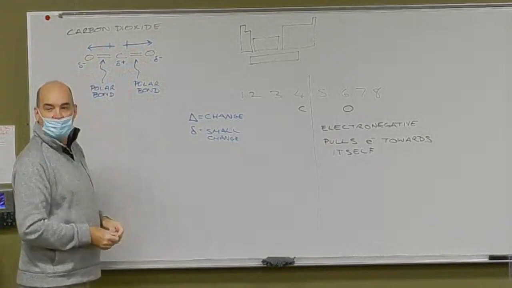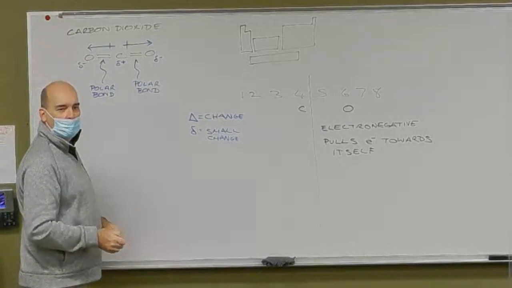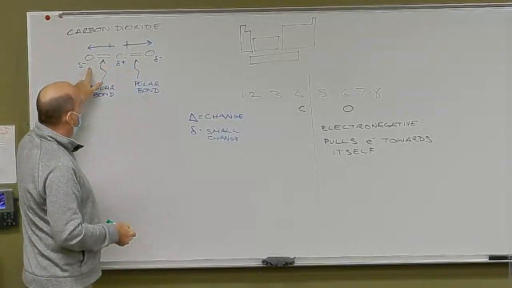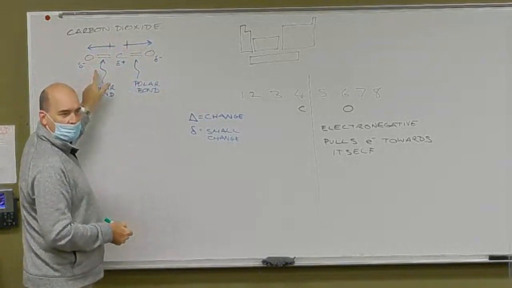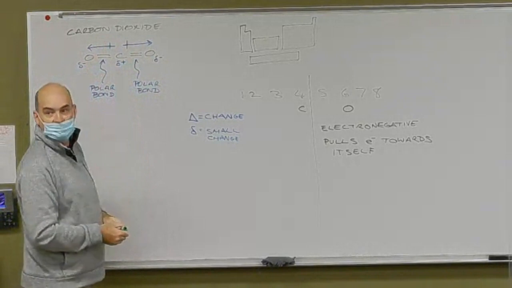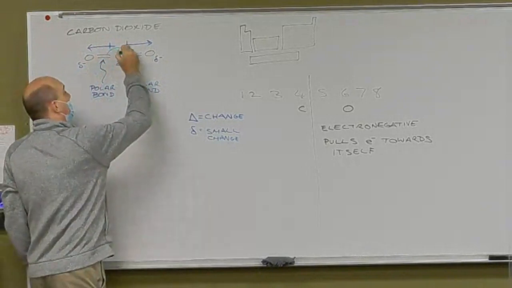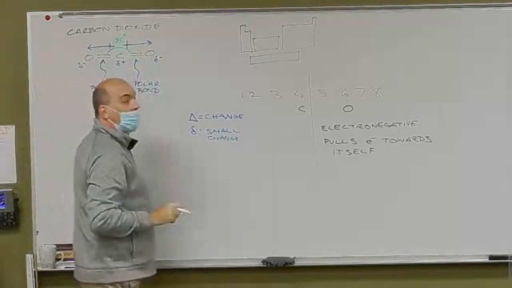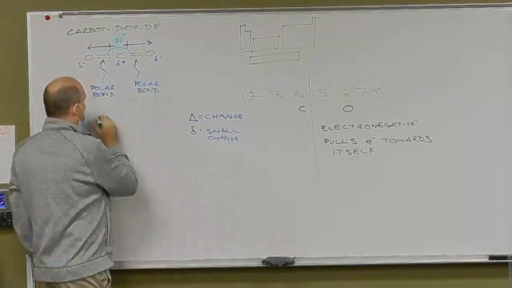They are going to repel each other as far apart as they can possibly get. When you say that this is as far apart from that, what's the angle between these oxygens going to be? That's 180 degrees. If the electrons are repulsive, then the bond angle is 180 degrees.